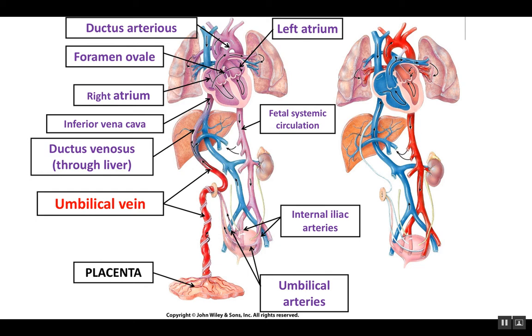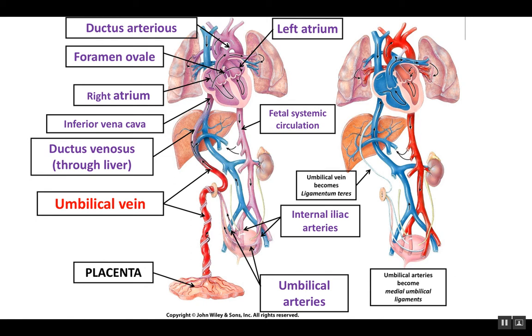A number of these blood vessels are temporary, so if they're no longer necessary, they become ligaments. This view here is after birth, when these things close up and become remnants of these structures. A number of them become ligaments. The umbilical arteries become ligaments.